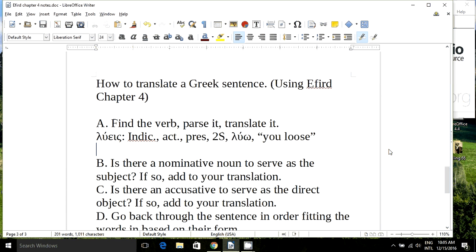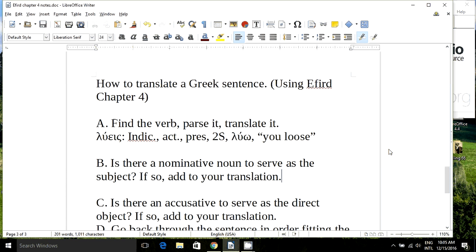The next step is: is there a subject, a nominative noun to serve as the subject of your sentence? Oh, I should say, how did I know all those things about this verb? By the ending, right? I need to recognize that the ες ending is second person. I know that ending from somewhere. And then I start running through all my verb paradigms.